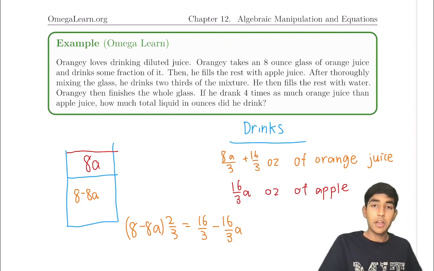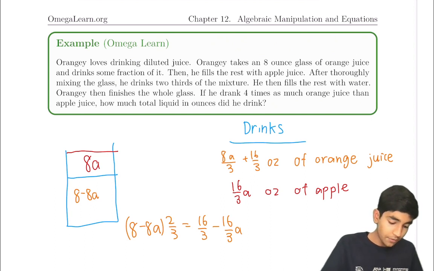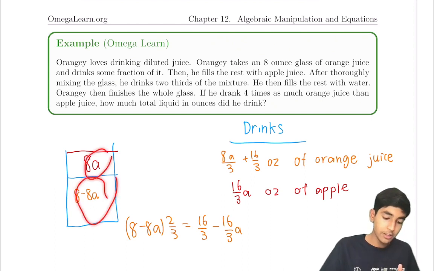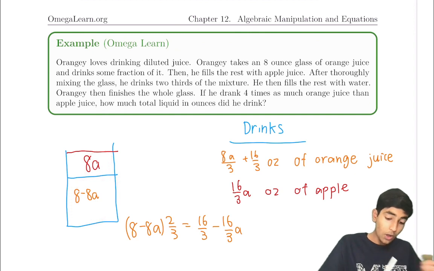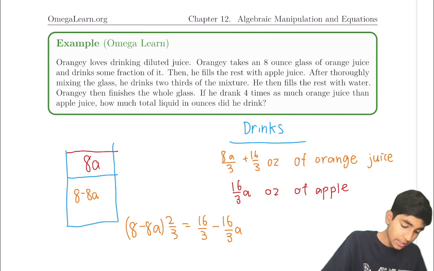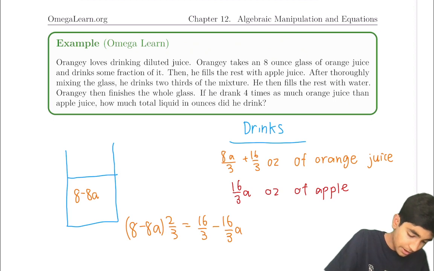But how much is left in the cup? He drank 2/3 of the apple juice and 2/3 of the orange juice in here, so 1/3 of it will be left. So 8/3 minus 8/3 A is the amount of orange juice left.